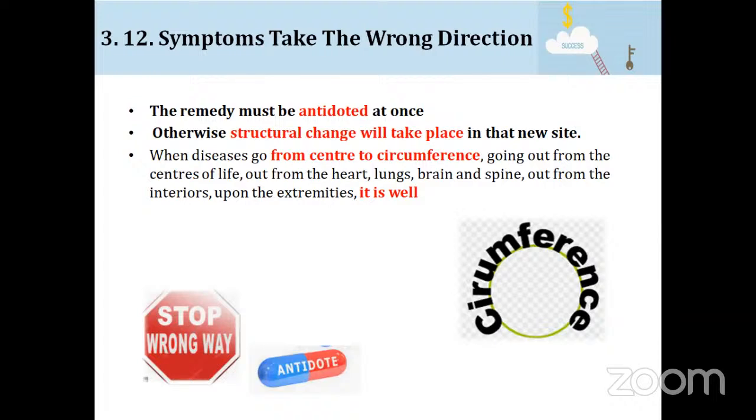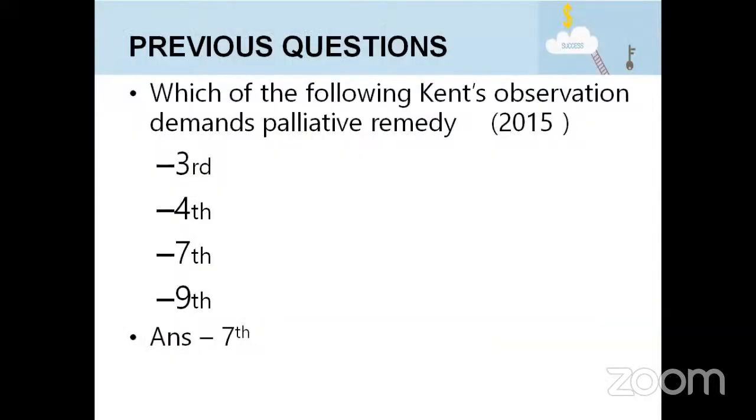So these were regarding the 12 observations of Kent. And I have just put 2 to 3 previous questions which have been asked. Among them was one question stating: which of the following Kent's observations demands a palliative remedy?